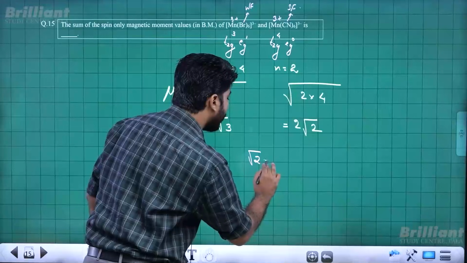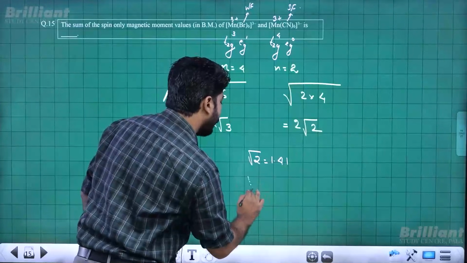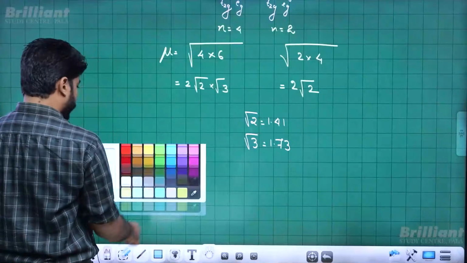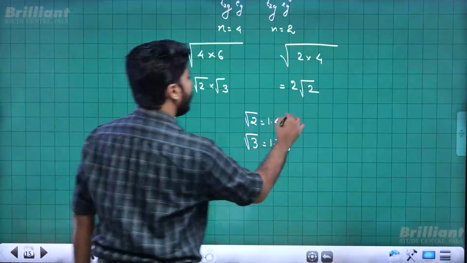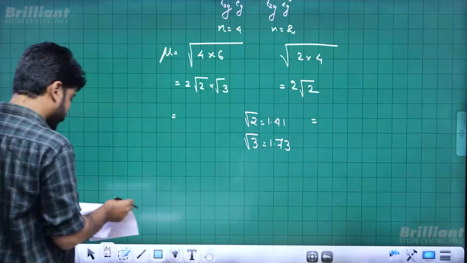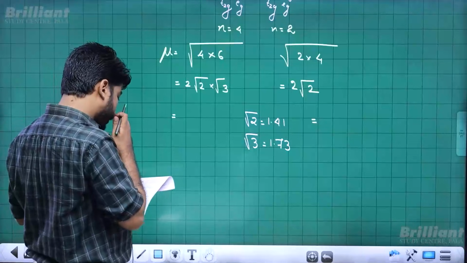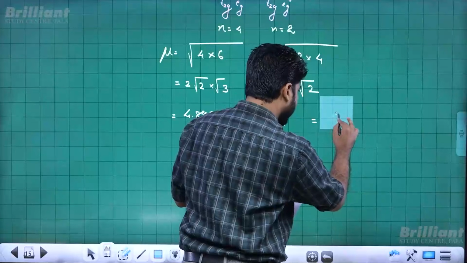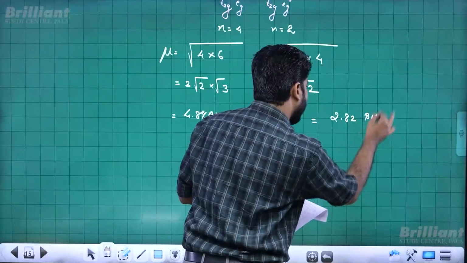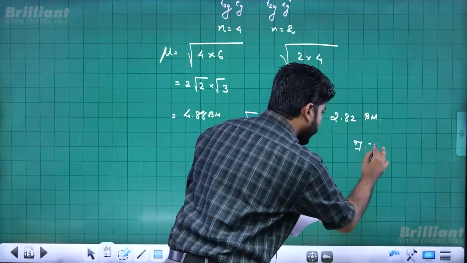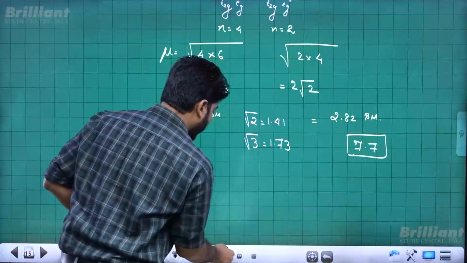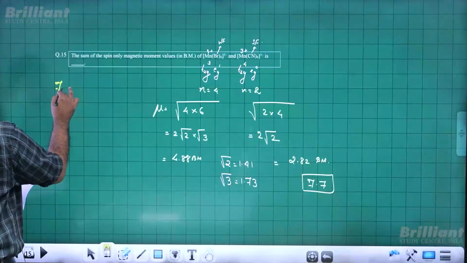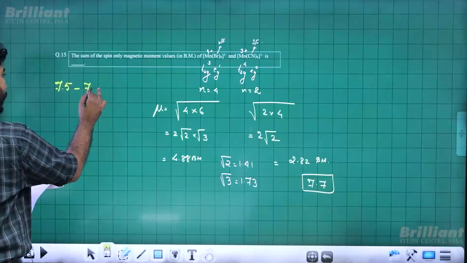If you take root 2 as 1.41 or 1.414, and if you take root 3 as 1.73, you can solve this expression and get some value in Bohr magneton units. So you may get 4.88 here and 2.82 there, and on adding those you will get 7.7 as the total value, and the IIT has given the answer in the range 7.5 to 7.8.